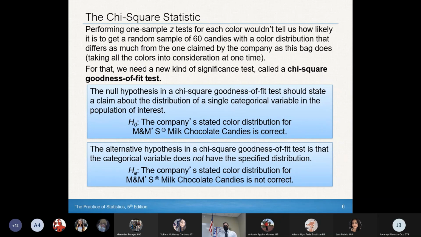In other words, we essentially write the same exact statement again, but then say is not correct instead of is correct, which again is a little easier than trying to write out all the individual parameters. We can write it out as the parameters, and we'll see that on the next screen. But at times this is a little easier and less cumbersome, so to say.